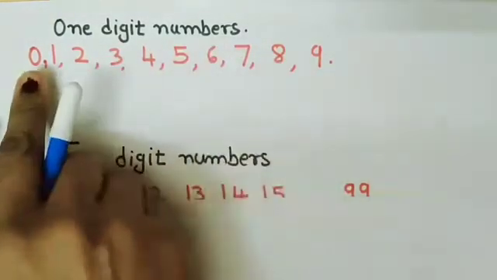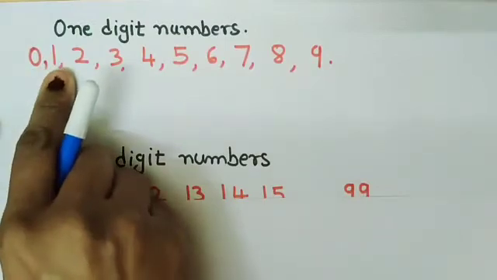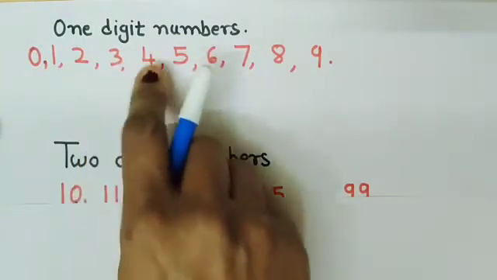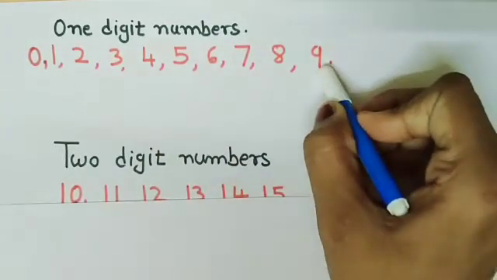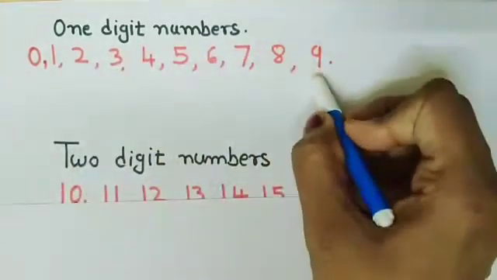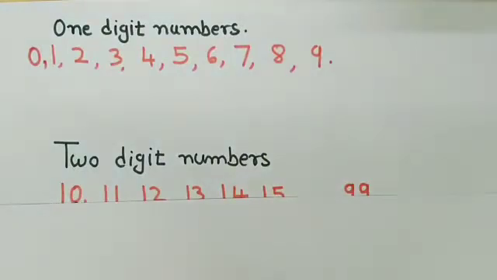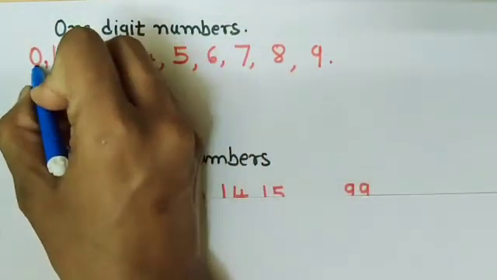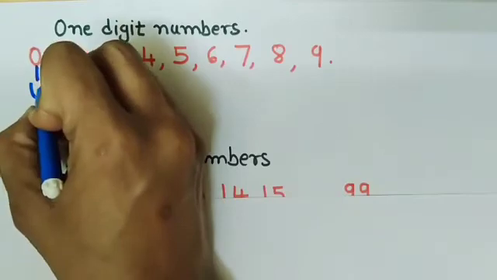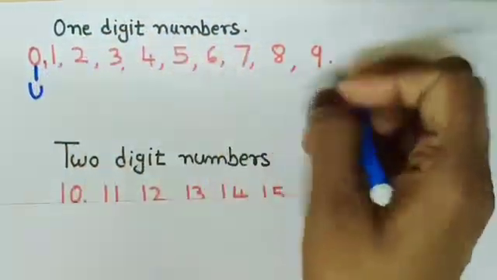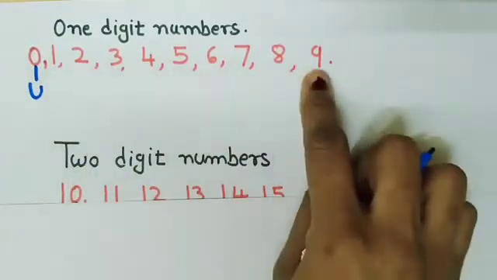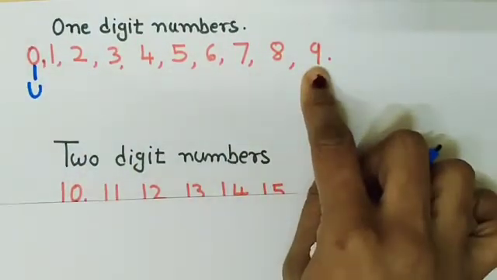Yes, from 0, 1, 2, 3, 4, 5 till 9. All are of 1 digit because they have only the unit place.